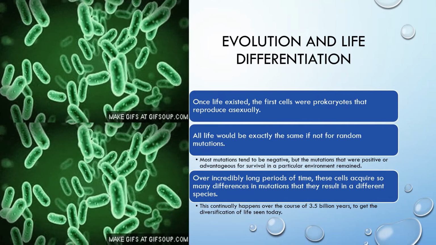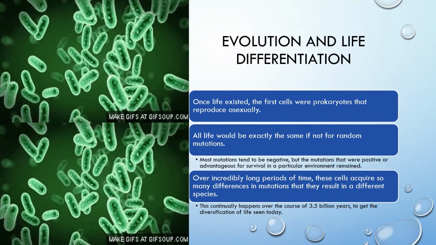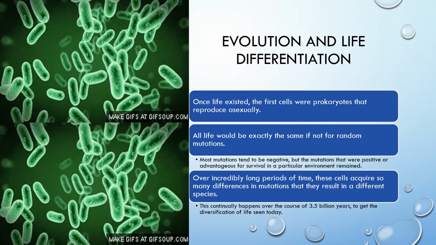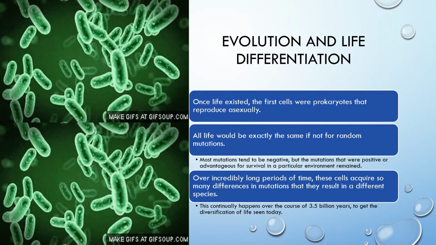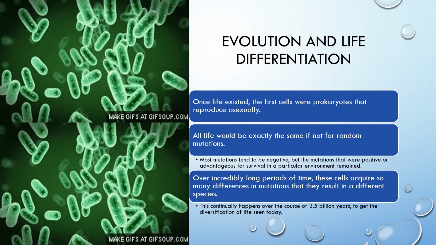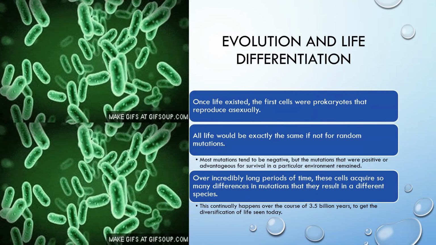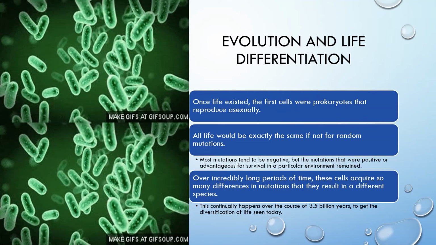So the actual process of mitosis, if it happens perfectly, makes identical cells with identical DNA in them, but if a random mutation happens, then that DNA becomes different in some way. Again, most mutations tend to be negative, but the mutations that were positive or advantageous for survival in a particular environment remained.